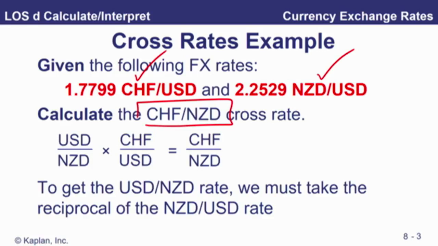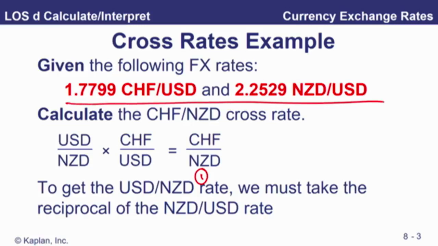Well, step 1, we need the Swiss franc per New Zealand dollar. So we set it up with Swiss francs on the top and New Zealand on the bottom. So we need Swiss francs per New Zealand. We are going to get there by multiplying together 2 rates. But check you have the right rates.